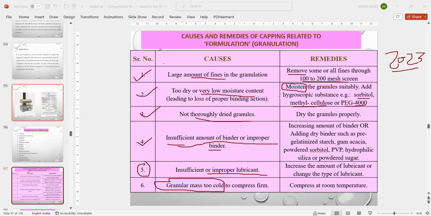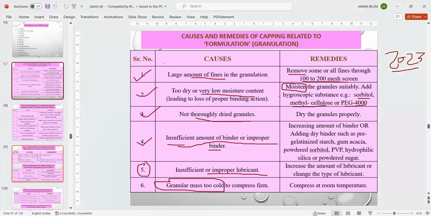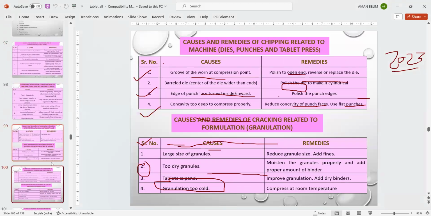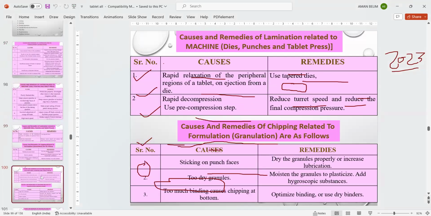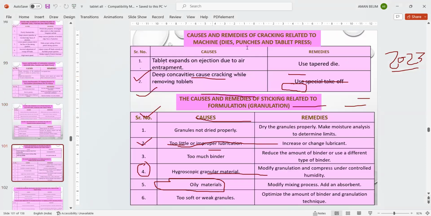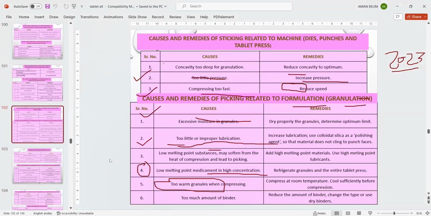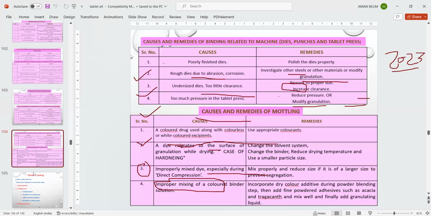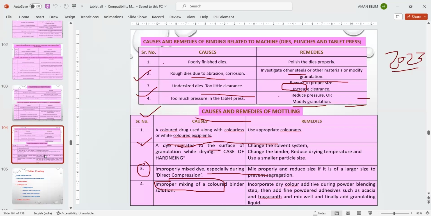Type your answer in the chat box. We will move towards the next part. Removal of water molecule: efflorescent. Yes, VK, very good.